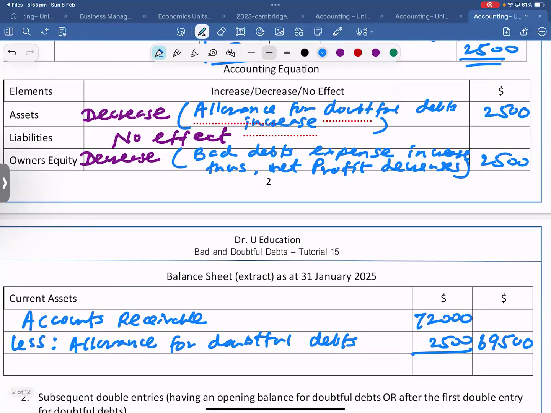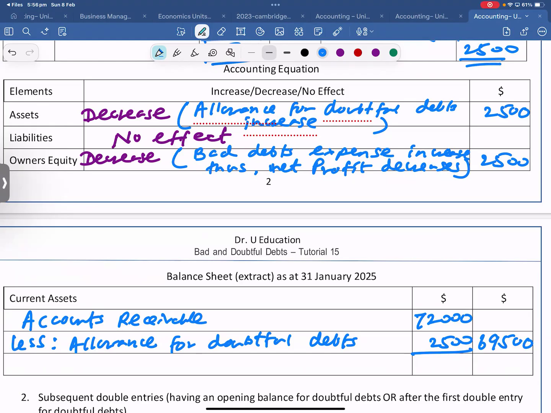Okay, guys, now any questions? So basically, the allowance for doubtful debt you subtract from accounts receivable because we are having doubts about the 2,500.